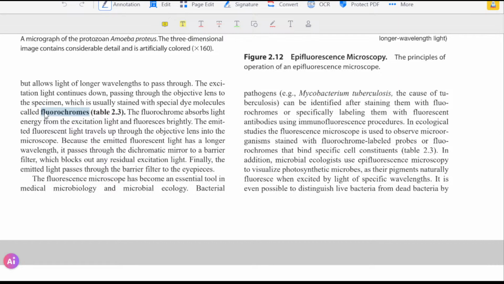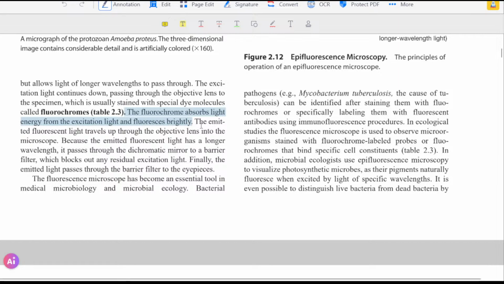But now in the microscope we stain them with fluorochromes, and because of that it absorbs more light, more fluorescence, and it appears even brighter than before, and because of that we are able to enhance the resolution of the microscope and we can see it. So the fluorochrome absorbs the light energy from the excitation light and fluoresces brightly.